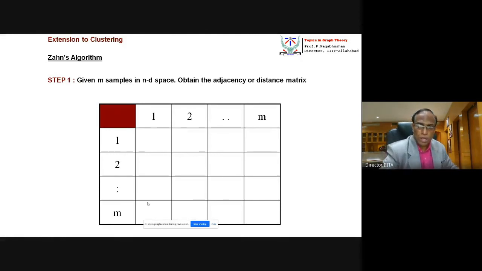Because you are considering all possible distances, it is a complete graph. So this adjacency matrix is a complete graph.